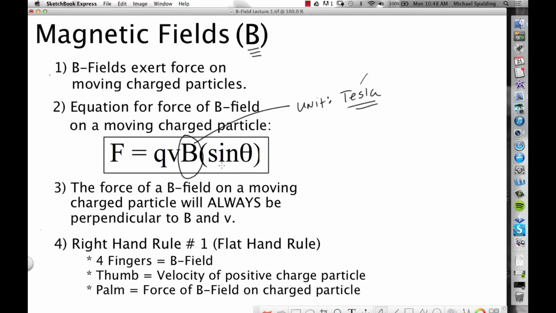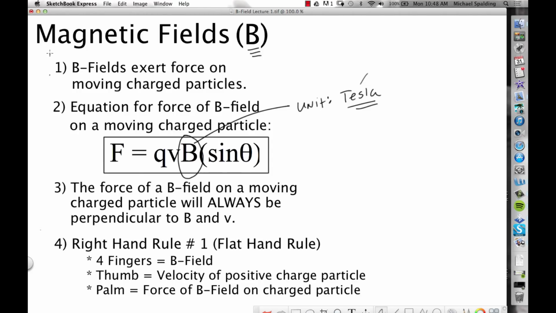And the second major idea, which we're not going to talk about today, is, where do magnetic fields come from? All right, so that's for later.